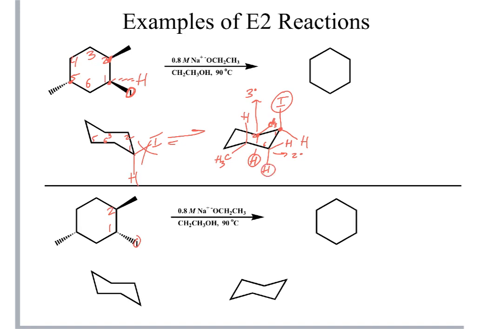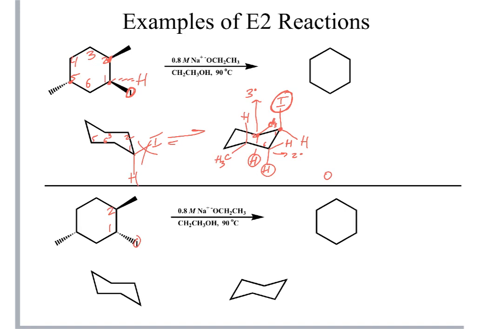Since both pathways are potentially plausible, since I have 2 alpha hydrogens, both axial and antiperiplanar relative to the leaving group, I can potentially eliminate either one of them. In this case, when you consider the product of E2 elimination, you will follow the Zaitsev rule and eliminate the more acidic hydrogen.